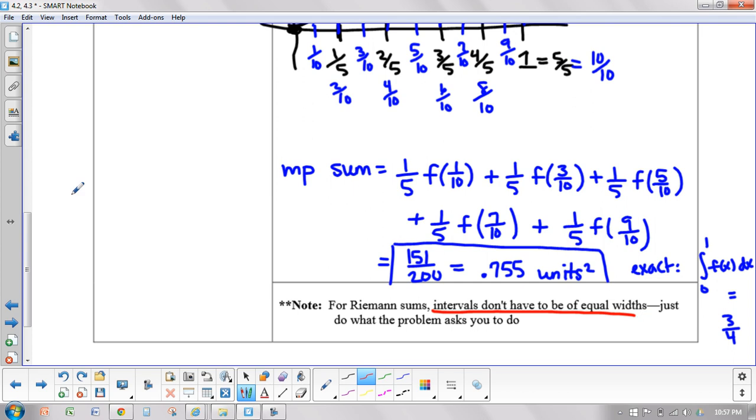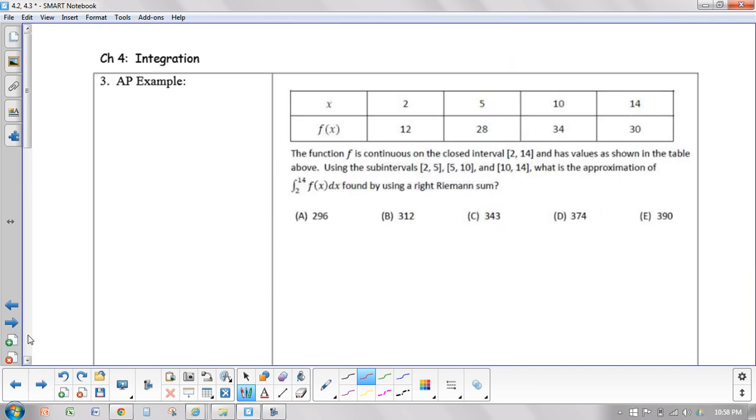Okay, so we've seen a couple examples. Before we take a look at trapezoidal rule, let's take a look at one that does not have equal widths. And this wouldn't be a bad idea to pause and see if you can figure this one out on your own from the table of values. So the function f that they're showing us is continuous on the closed interval from 2 to 14.